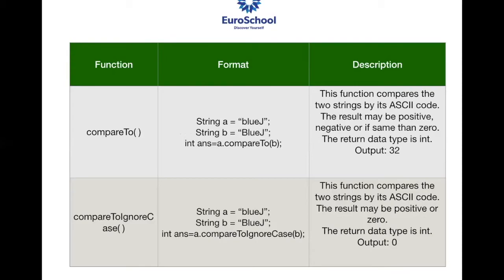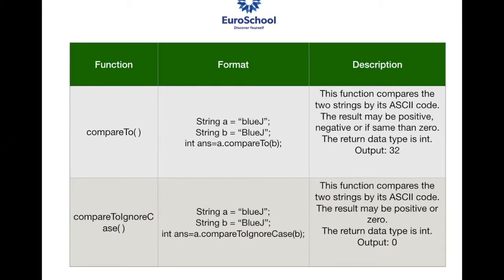Let's go with the word for. One thing is very important: it will start checking from the 0 position. If at the 0 position both letters are the same, it will go to the 1 position, then the 2, then the 3, till the time it gets a difference. In our example, at the 0 index position itself, the letters are different: b in small and B in capital.